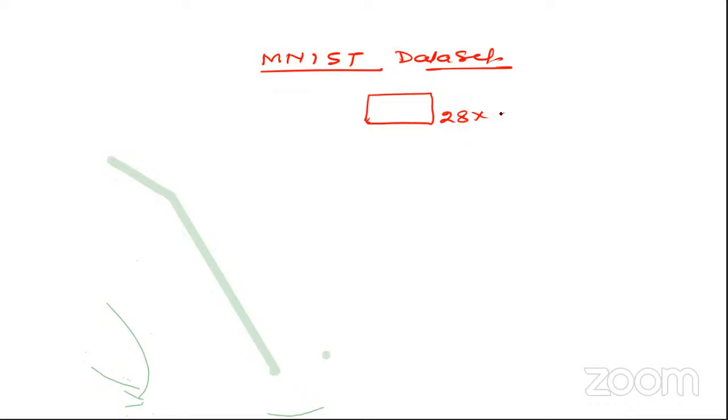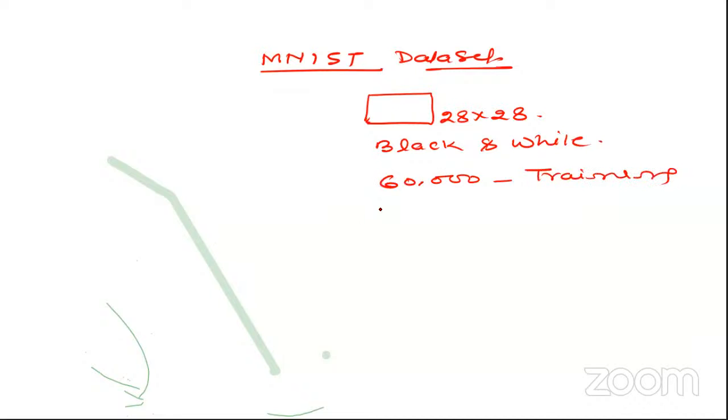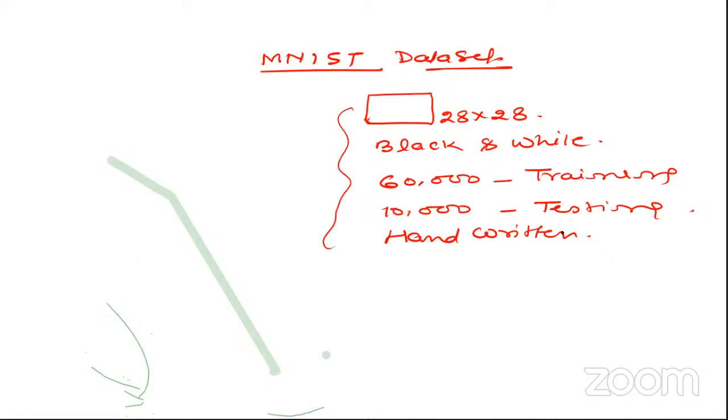The size of the image is 28 by 28. Number one, it is a black and white image. Number three, 60,000 samples are there for training and 10,000 samples are there for testing. And it is handwritten digits. This is a major property of our data set.